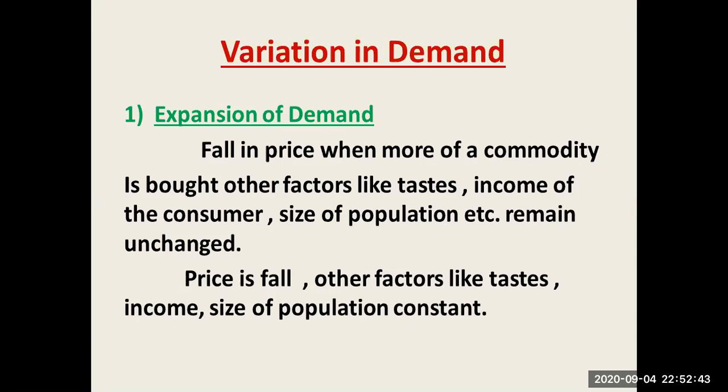But in this concept we assume that price is the single factor which affects demand. With a fall in price, more of a commodity is bought, meaning consumers purchase extra units of that quantity. Why? Because the price falls. But the other factors are constant. If your income changes, if it increases, then we purchase extra units of a commodity. But in this case we assume the other factors are constant and only the price falls, so demand will rise. That is called the expansion of demand.